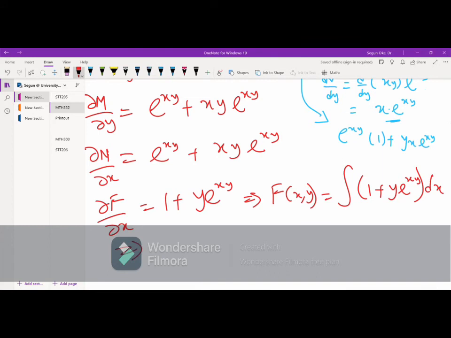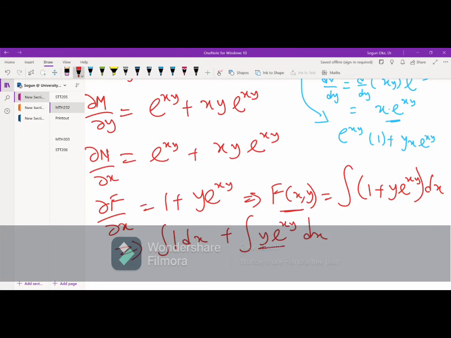If you are not sure in integration, go and brush it up. I will also do my part and see whether you can get it. You and I know that it's more or less integrating 1 dx, plus integrating y exponential xy dx. That is what they are saying we should do here.